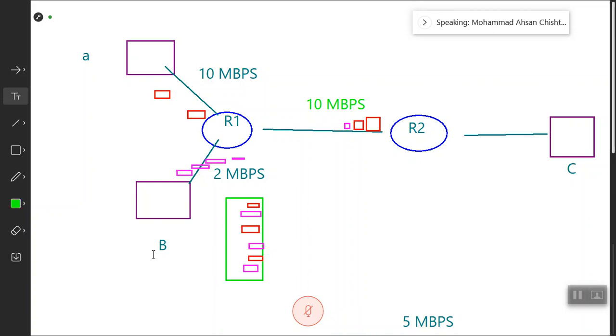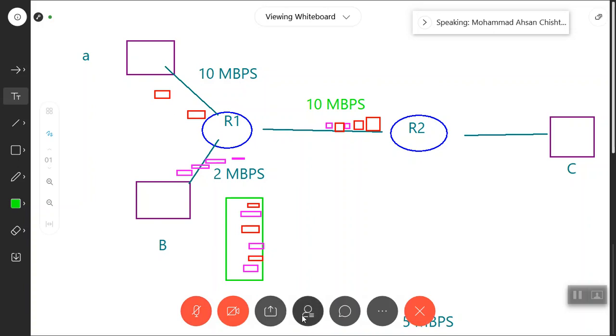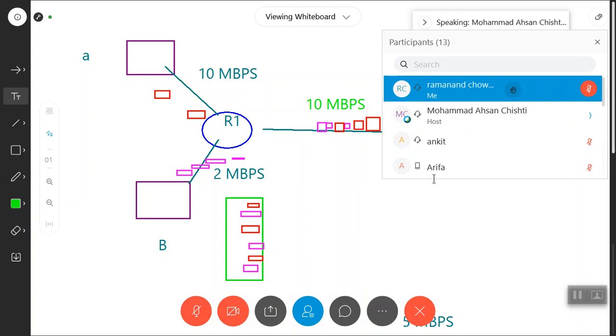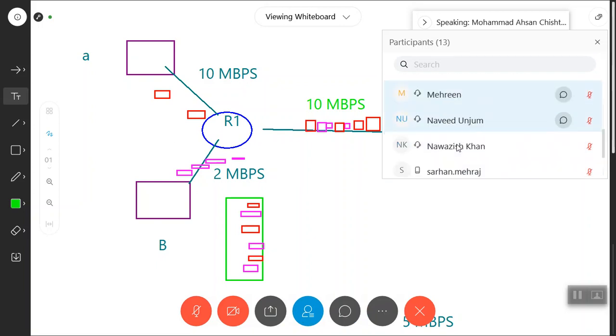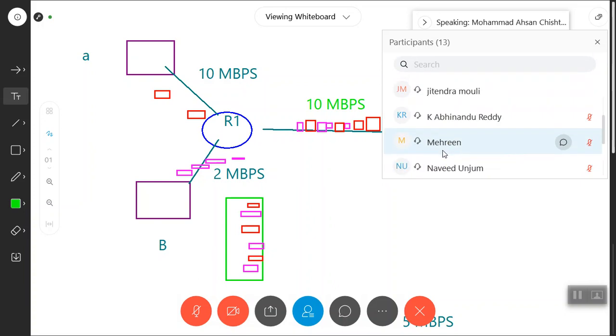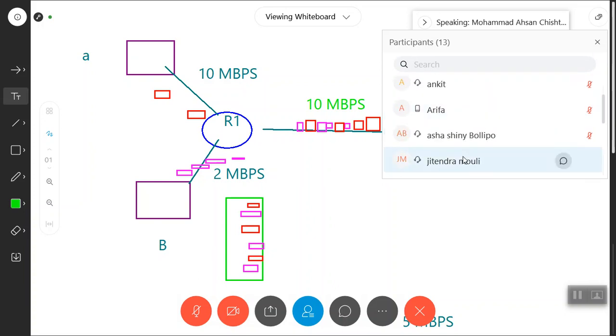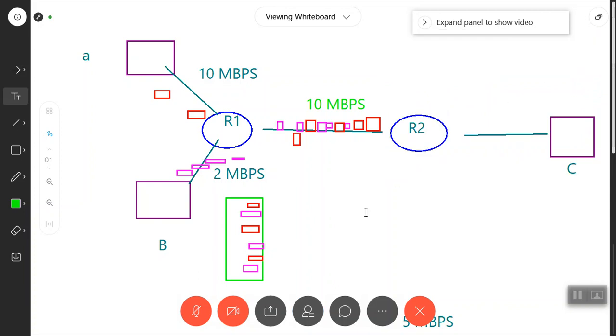Then again, packet 3 of A came. Then I have 4, 2, 3 of pink. Then again, let's say red, pink, red, pink, pink, pink, and so on.